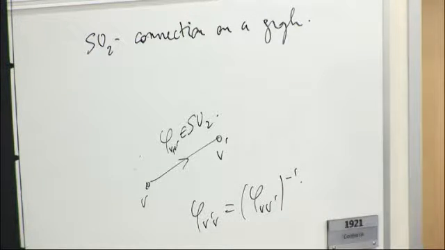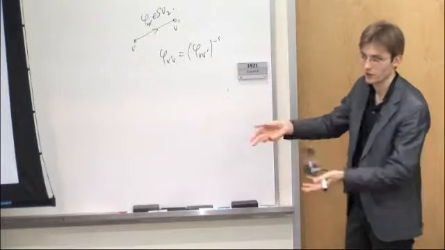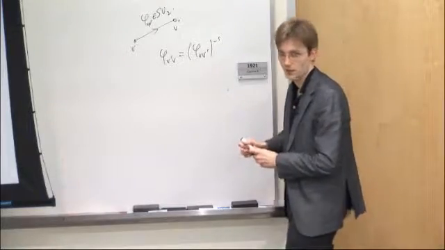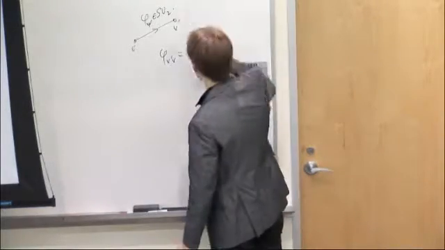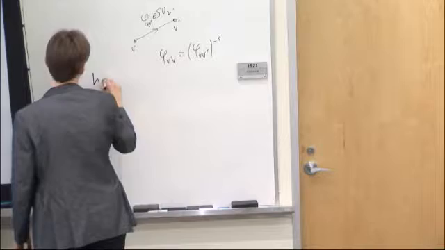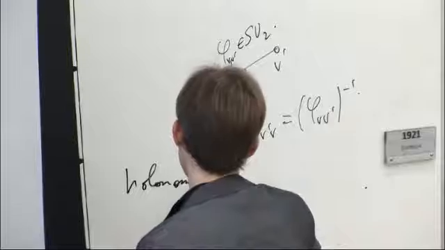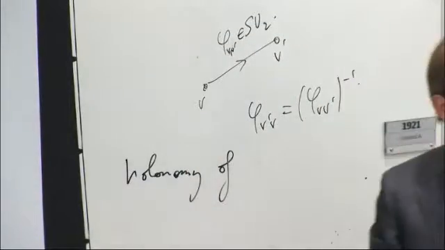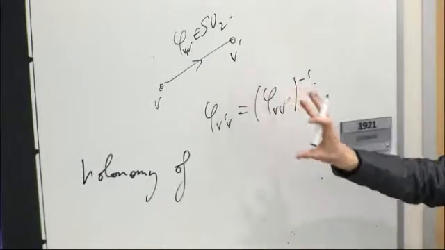And given this data, around any simple closed curve, you can compute the product of these matrices. This is what he termed in this context the holonomy of the connection on this curve. So this is just mimicking some geometry language. This is on any finite graph.